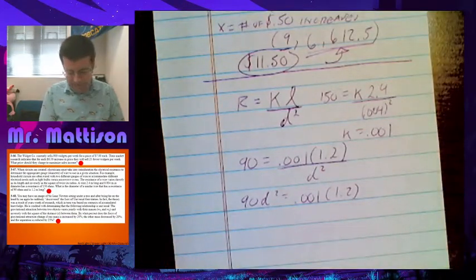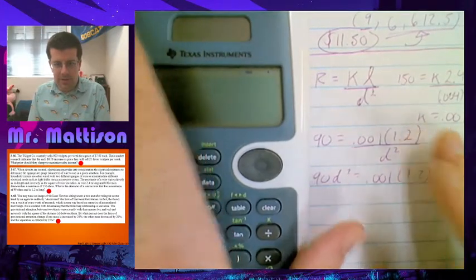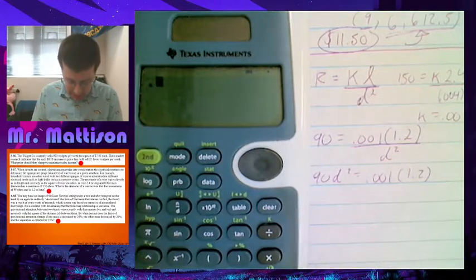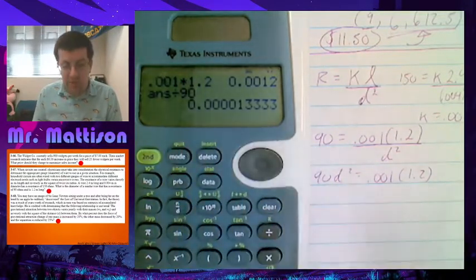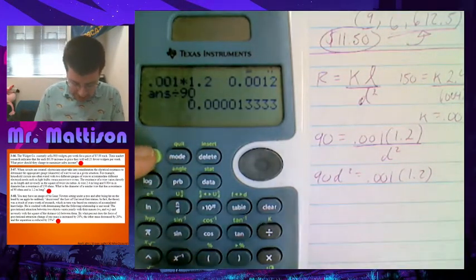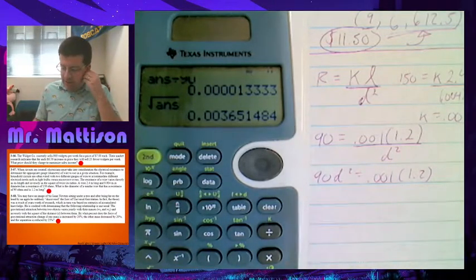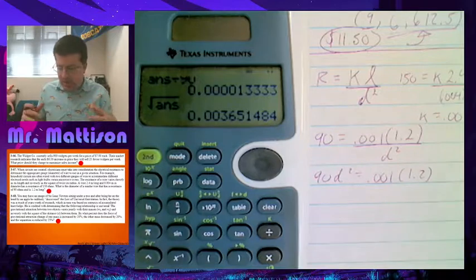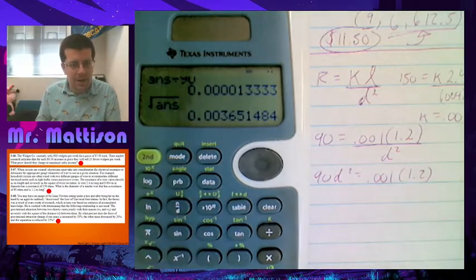If I grab my calculator here, make sure we can see it all. Okay, so 0.001 times 1.2, divide that by 90. I get a pretty darn small number there. I then want to take the square root to get d by itself. I don't care about the positive or negative answer because I can't have a negative radius or negative diameter on my wire.